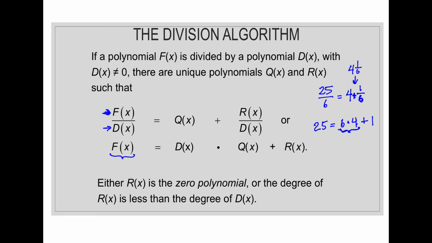So either this is a number, a constant with no variable, meaning x to the 0 power, so a 0 degree, or it's just a lesser degree than what we have here in d of x. It doesn't have to be 1 less than, just a lesser degree.